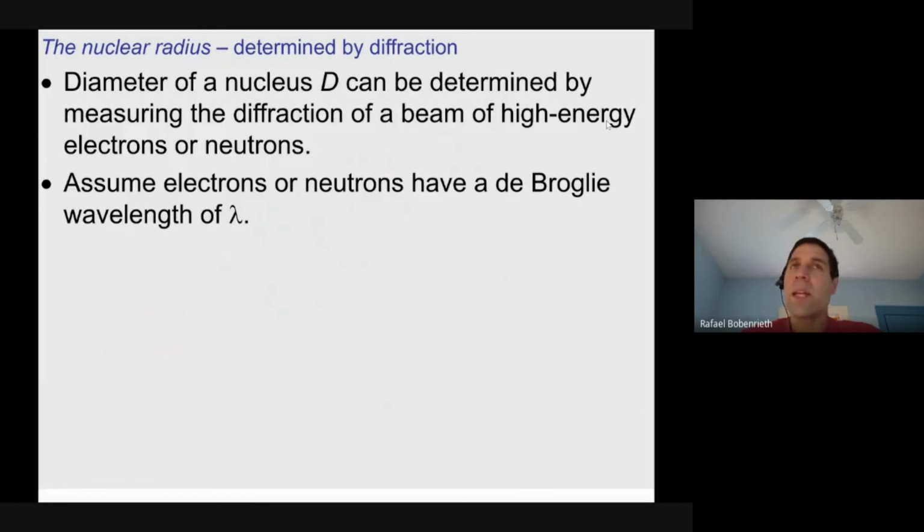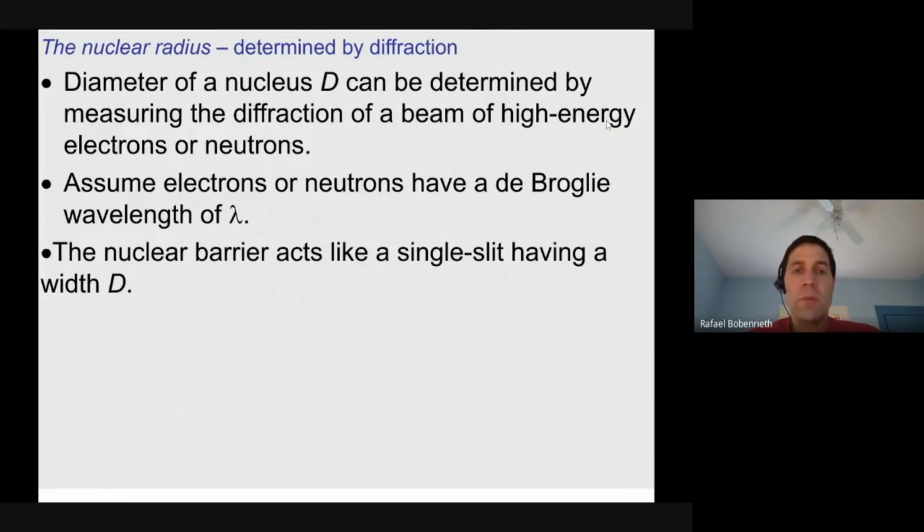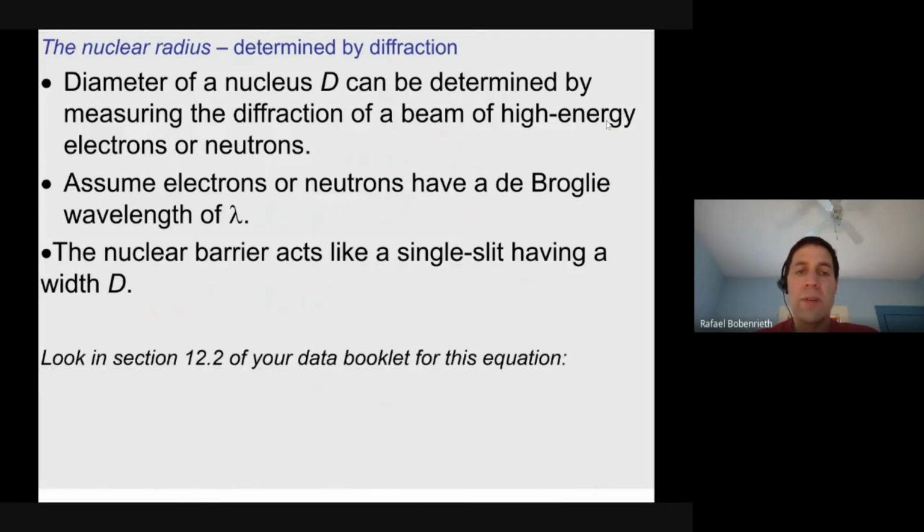Because remember, those electrons or neutrons, like we've talked about, have a de Broglie wavelength, and their de Broglie wavelength is on the order of magnitude of the diameter of a nucleus. What happens in these experiments is that the nuclear barrier, meaning the nucleus itself, acts like a single slit having a certain width d, equivalent to its diameter.